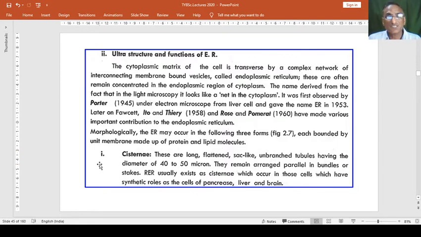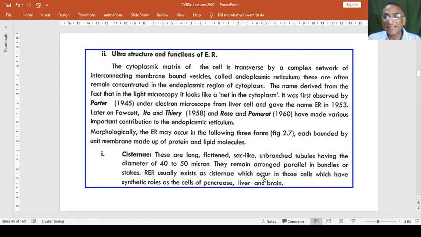First is cisternae. These strands, one over another, are nothing but the cisternae. If they form apices in a globular manner, we can say that they form vesicles, likewise the structure of the Golgi complex. Cisternae are long, flattened, sac-like, unbranched tubules having a diameter of 40 to 50 micron.